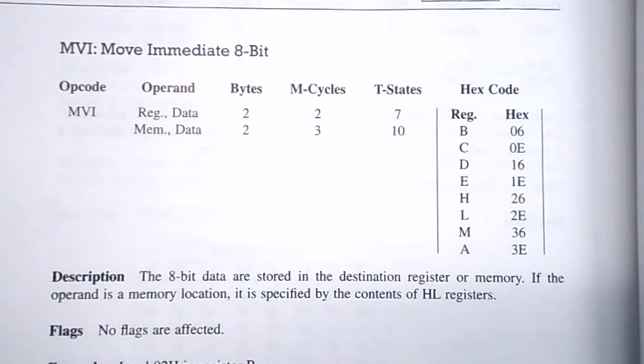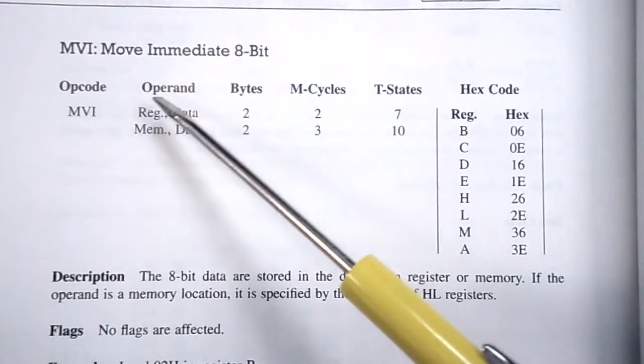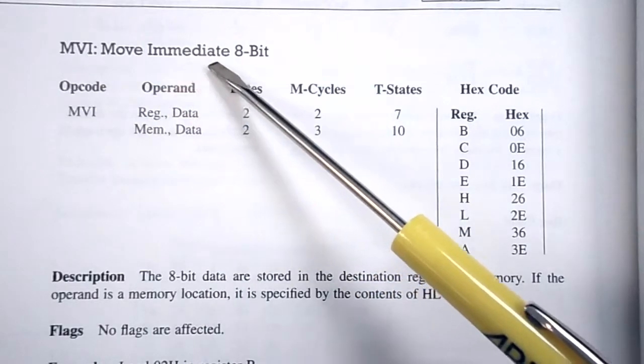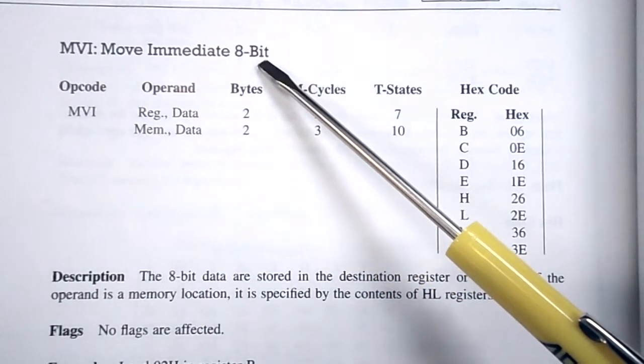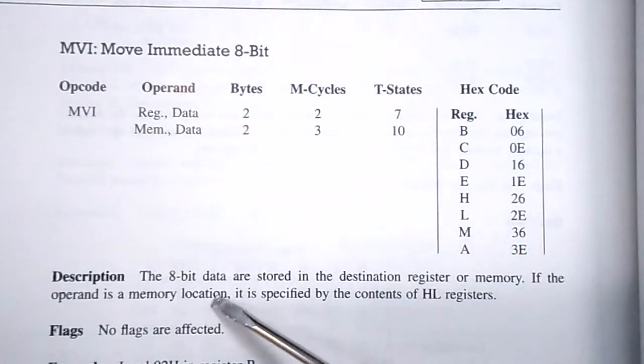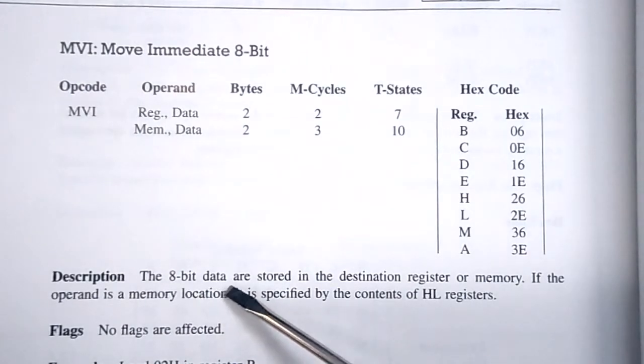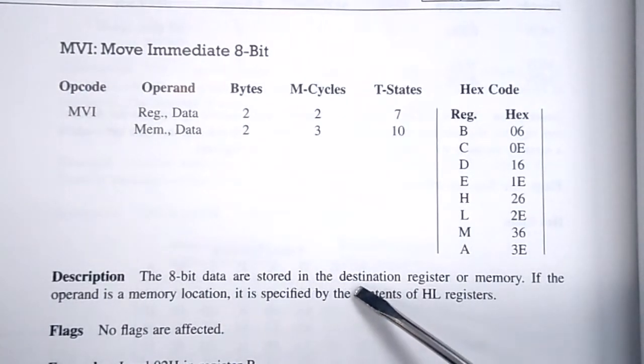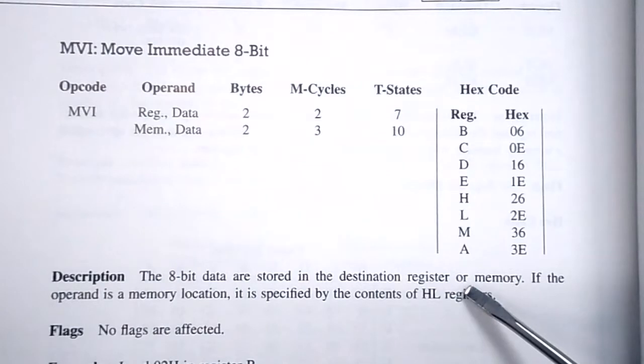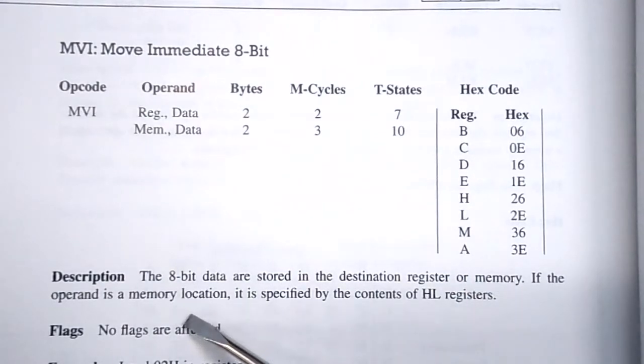So referring to page 758 of your textbook, the MVI, or move immediate 8-bit instruction. It gives a description here that says the 8-bit data are stored in the destination register or memory. If the operand is a memory location, it is specified by the contents of the HL register.